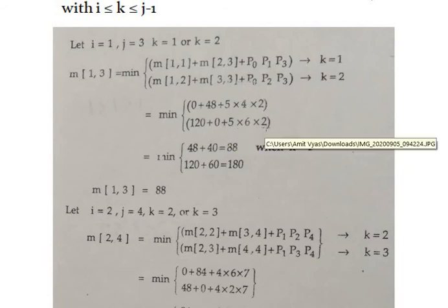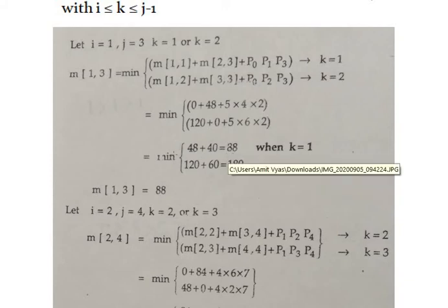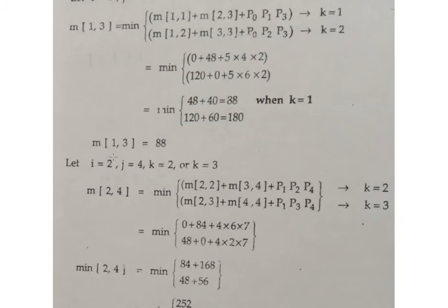The total is 48 plus 40 is 88, and 120 plus 60 is 180, and you find the minimum value, and the minimum value is 88, which means k equal to 1. So the final value of m of 1, 3 is 88, and this step of the matrix chain multiplication is completed.